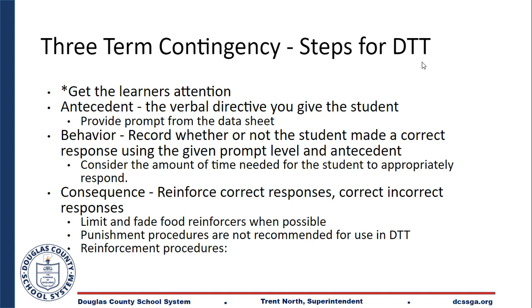So when the student is first starting DTT, or the first few times working with you in particular, you're likely going to have to use a lot of food reinforcers, but I do try to fade those out as quickly as possible and rely more on preferred activities, preferred items, and lots of social praise.